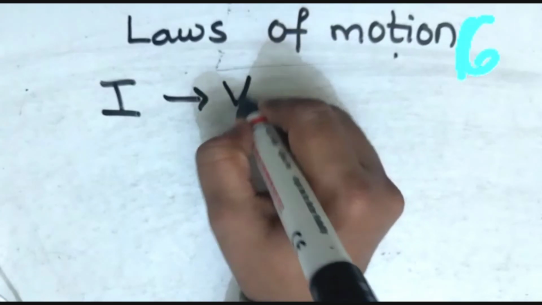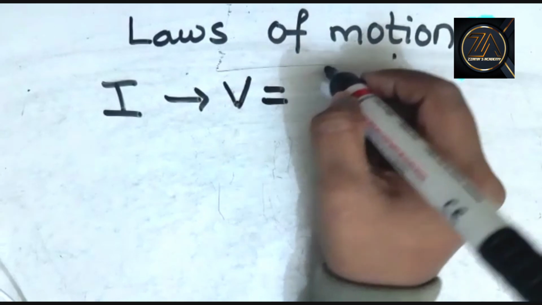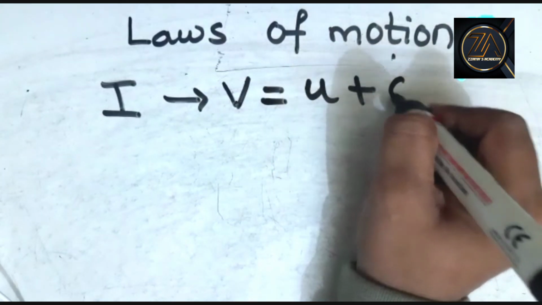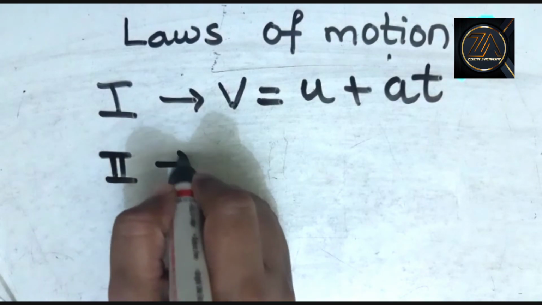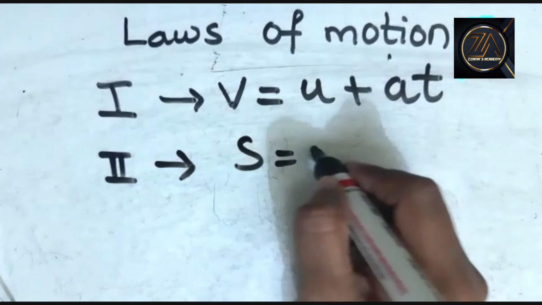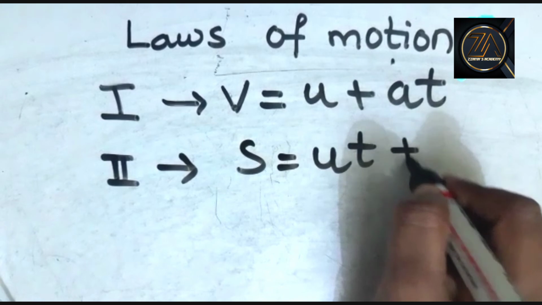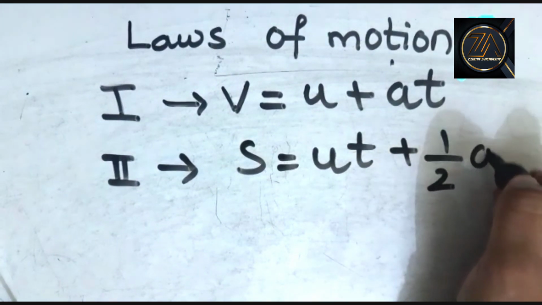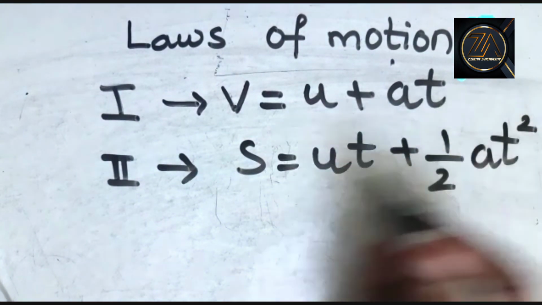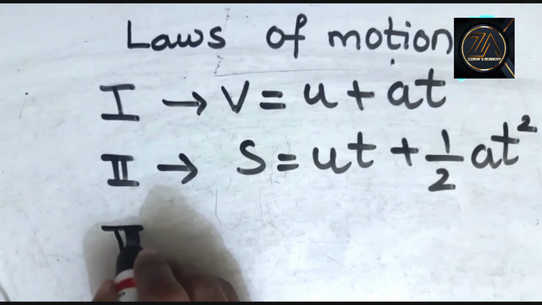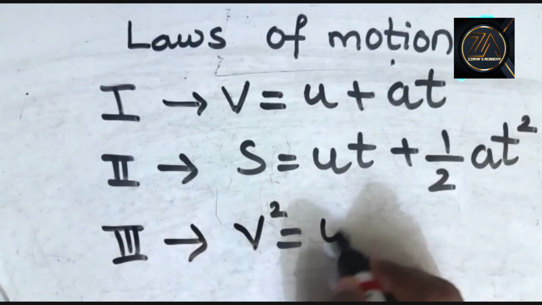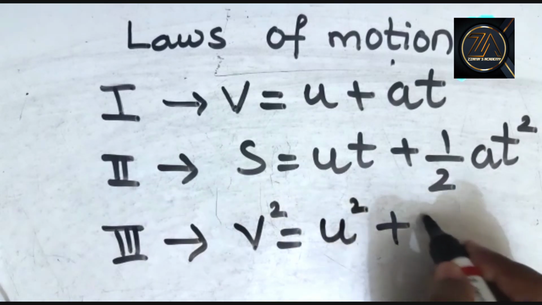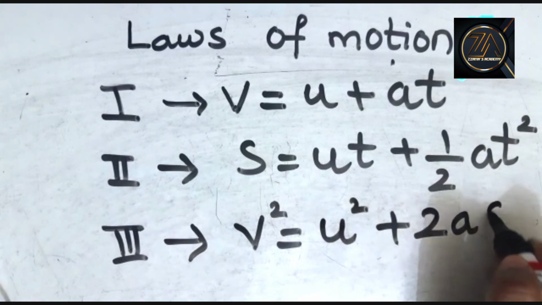We have seen our first equation of motion, v equals u plus at. The second equation of motion, s equals ut plus half at squared, and the third equation of motion is v squared equals u squared plus 2as.